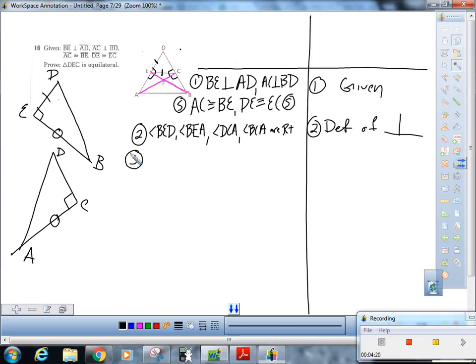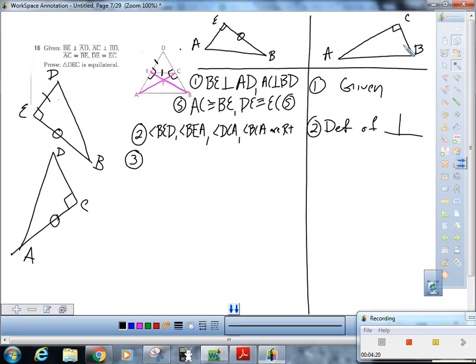I need to pull another set of triangles out of here. So here is EAB. We know that this is a right angle, and we know that EB has a circle on it. And then over here, I'm just going to pull out triangle CBA.